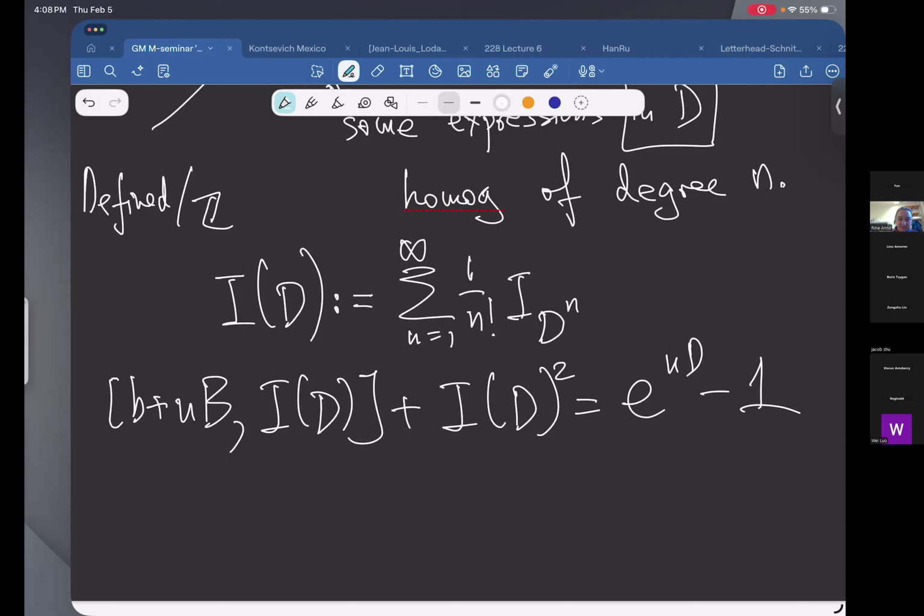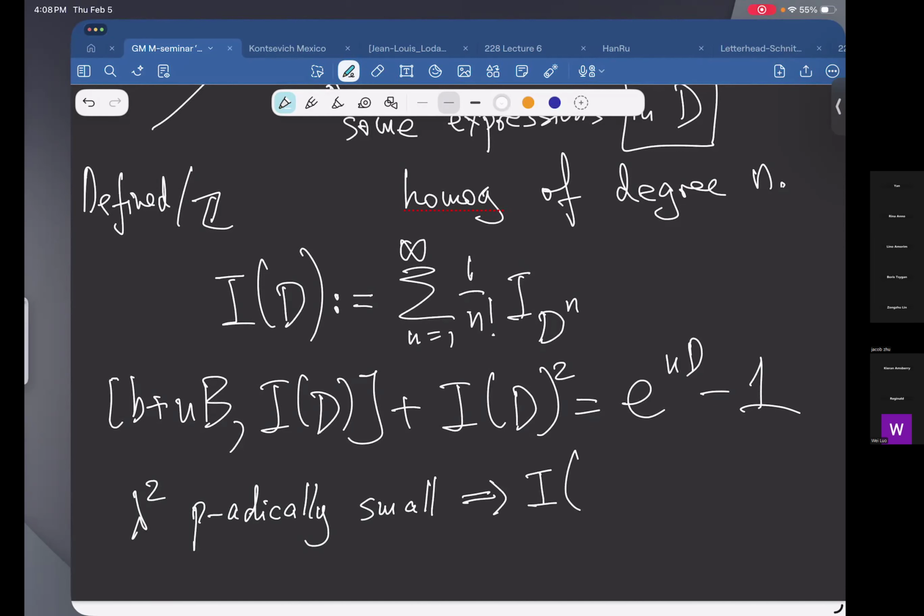I guess you probably have some kind of divided power structure requirement on this side. Yes, correct. So maybe I should say what will happen. Good question. When this is p-adically small, then what I will use is something like this, and I will use some variation of that.